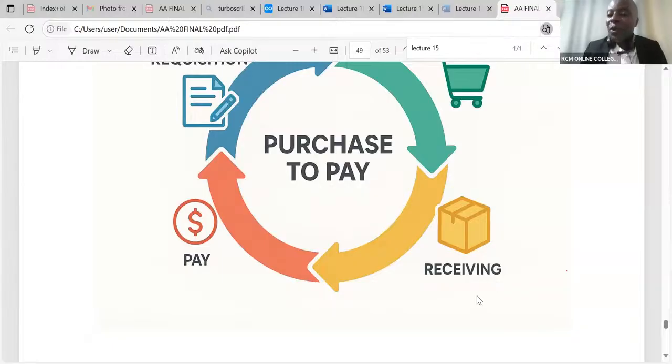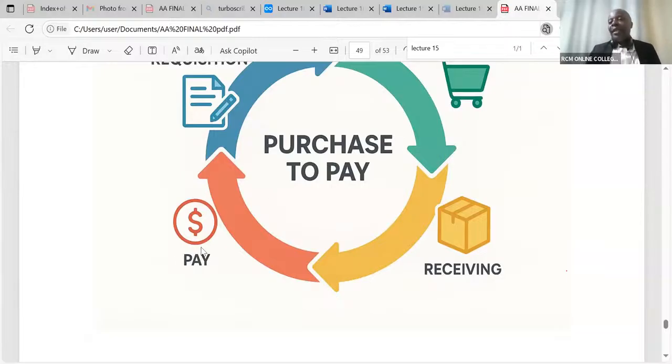Now, remember this GRN, the goods received note, is what will be given to the finance department. When this GRN is given to the finance department, all right, we expect the supplier to raise an invoice.